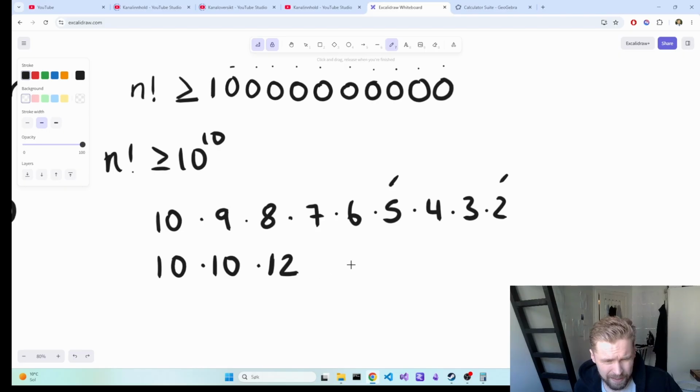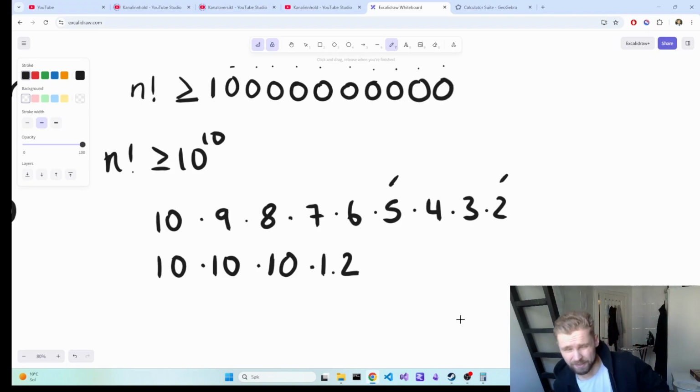Wait. Couldn't that be like 10 times 1.2? No, that's 3 tens over there already, right? What did I use? This and this. 6. Let's do 6 times 8, right? So that's 48.